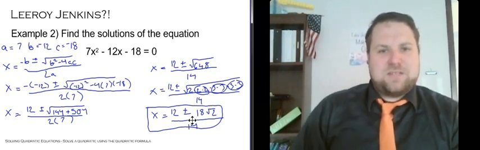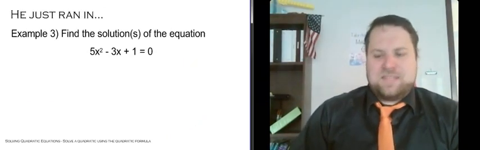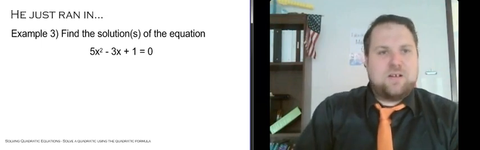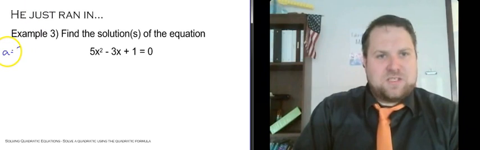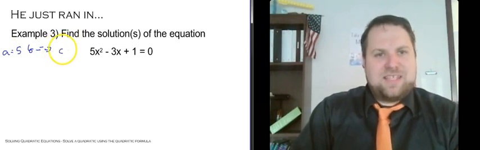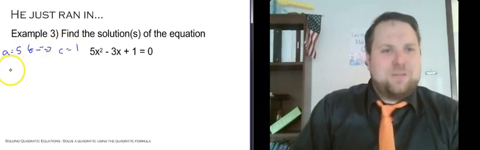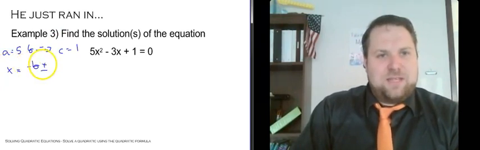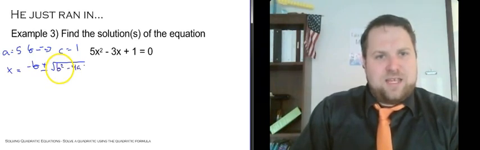All right, let's check another example. In this example, we do pretty much the exact same thing that we've done all the other times. So we're going to take A, which is 5, B, which is negative 3, and C, which is 1, and we're going to substitute that into the quadratic formula, negative b plus or minus the square root of b squared minus 4ac over 2a.